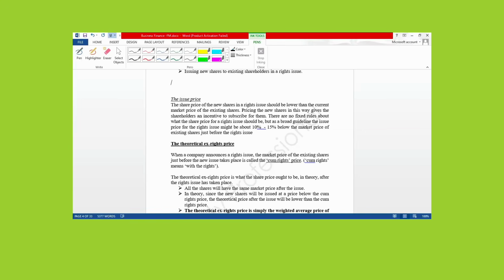The issue price is usually at a discount below the current market price of the existing shares. We now have the theoretical strike price. We also have the cum right price.